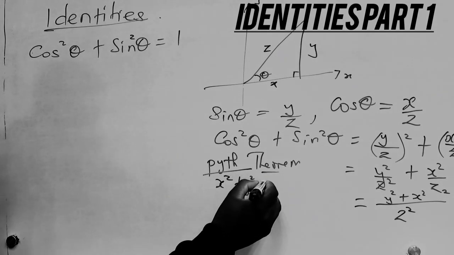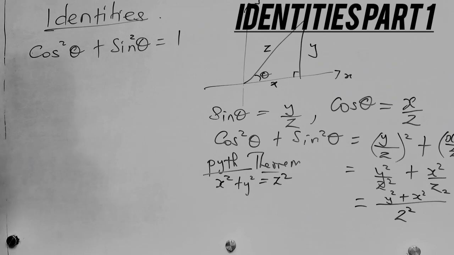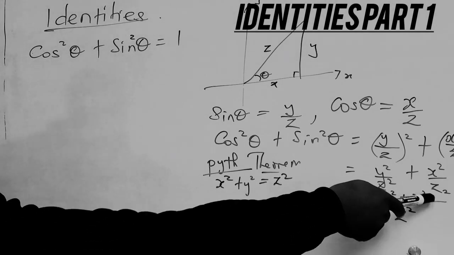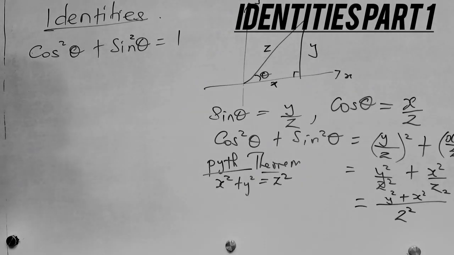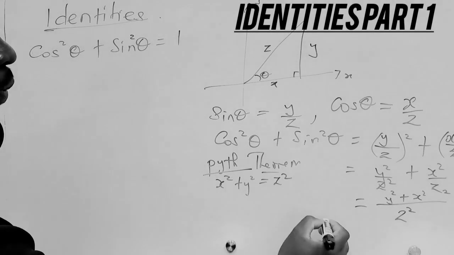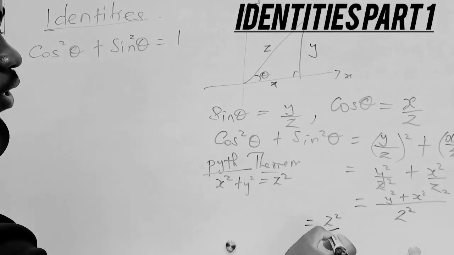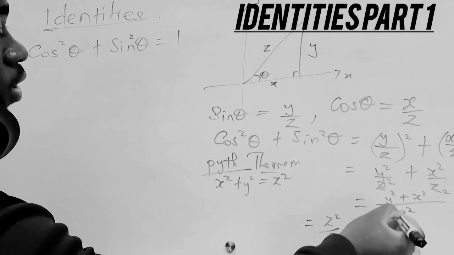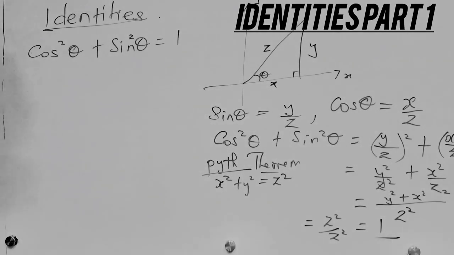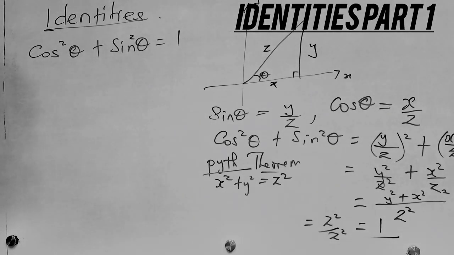So in this case, y squared plus x squared is equivalent to z squared. So it will be z squared over z squared, which is equal to 1. So we have proved our identity, cos squared theta plus sine squared theta equals 1.